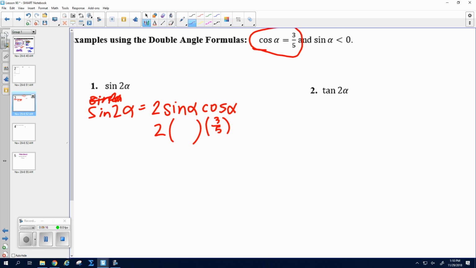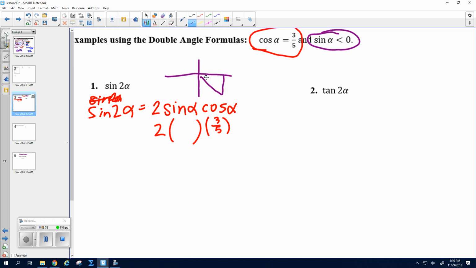So I'm going to make little XY axes. I know cosine's positive because I have a positive fraction, and sine is negative because it's less than 0. So cosine is positive in these 2 quadrants. That's positive x. And the y, or the sine, is negative here. So I'm going to be in this quadrant right here.